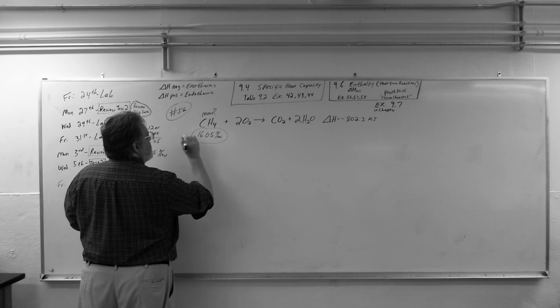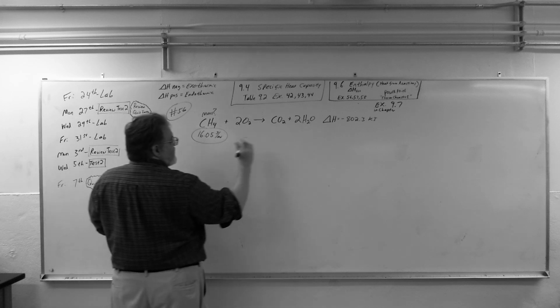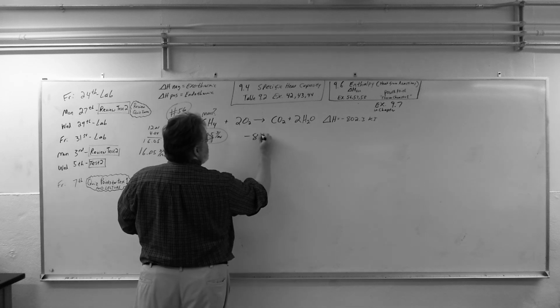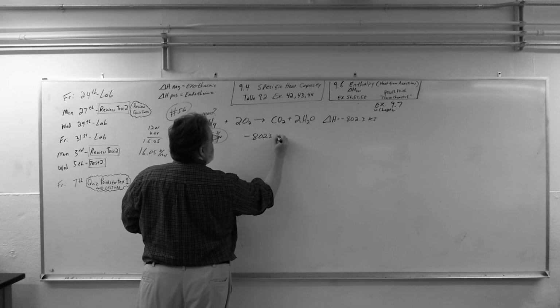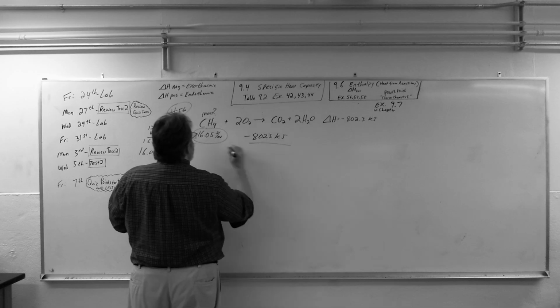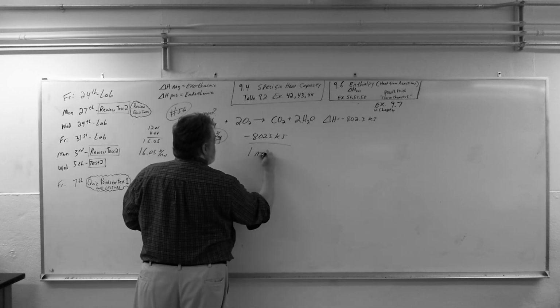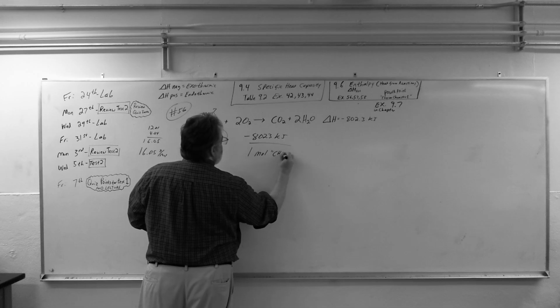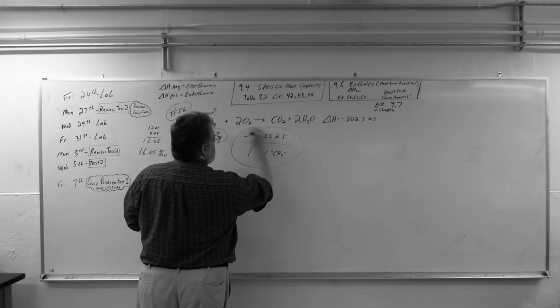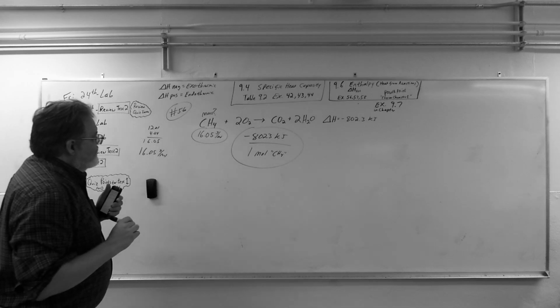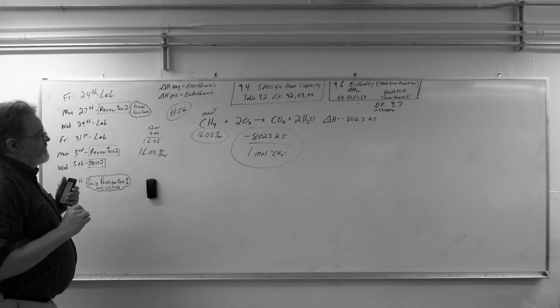So we're going to need that for CH4. We're also going to need this relationship, negative 802.3 kilojoules to 1 mole CH4. So we're going to need that as well. To find grams, I think that's all we need.